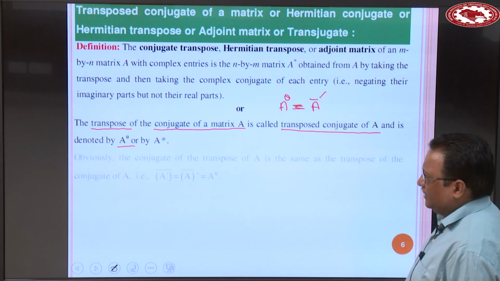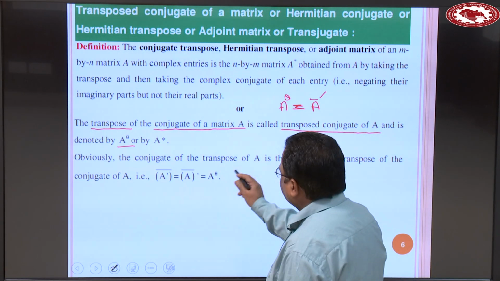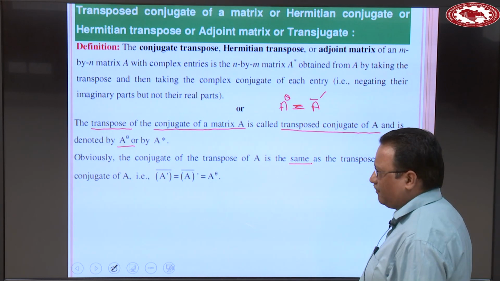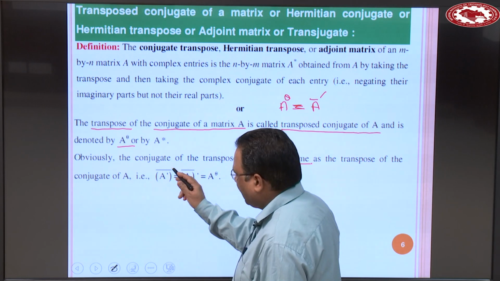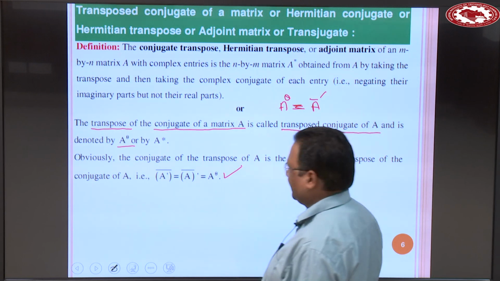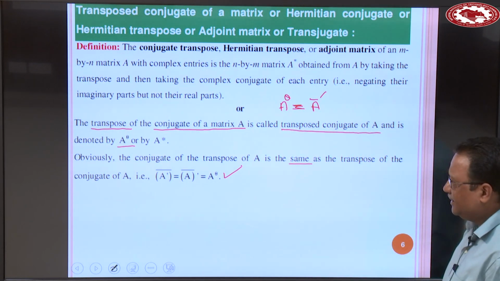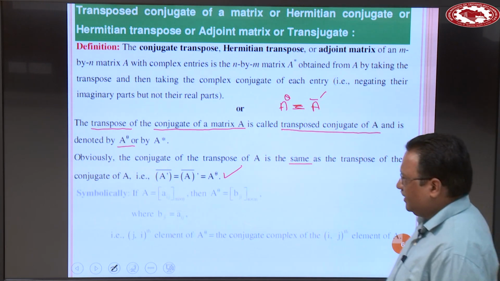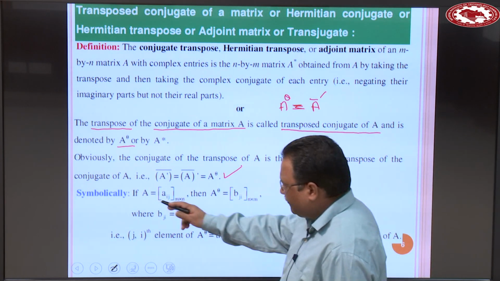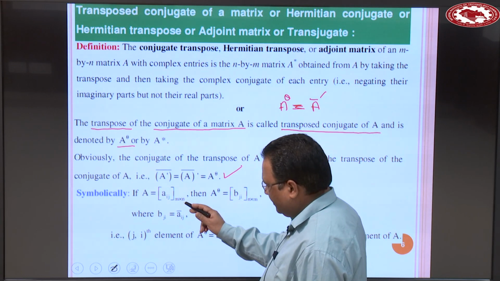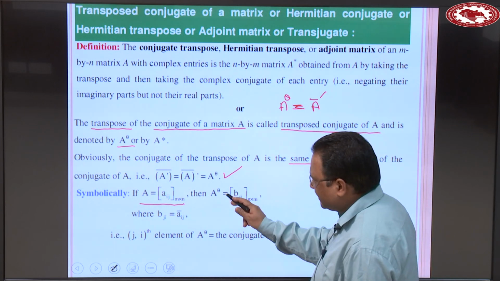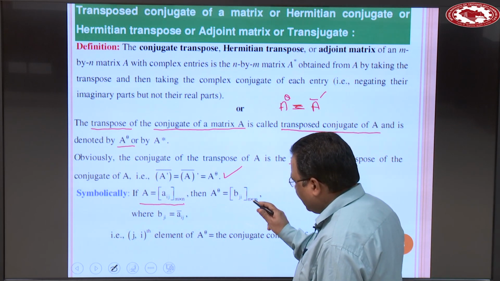Obviously, the conjugate of the transpose of A is the same as the transpose of the conjugate of A. This means A dash bar is equal to A bar dash, and that one is A theta. And symbolically, we can define this transposed conjugate this way. If A is equal to Aij, m by n, then A theta is equal to Bji, n by m.